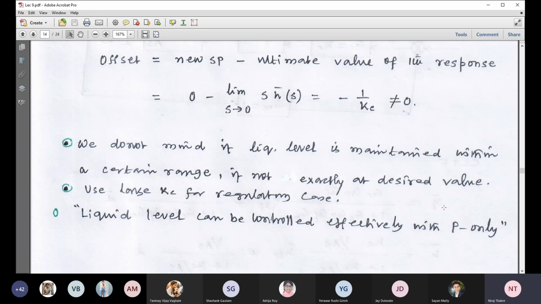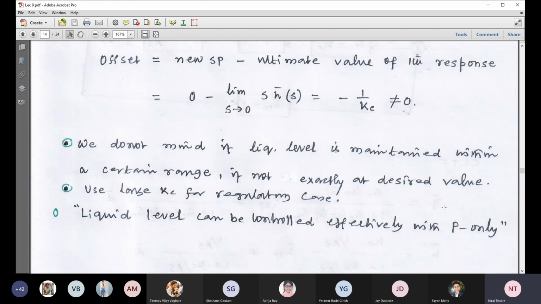So far we have determined the offset for a first order process. Now we want to consider a second order process and see what is happening in terms of offset. I repeat, so far we have considered a first order process.